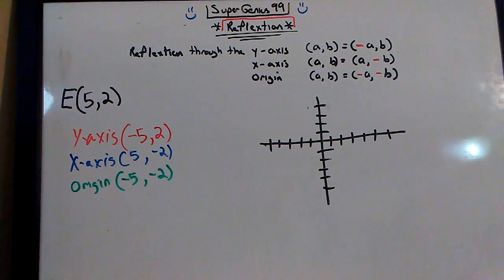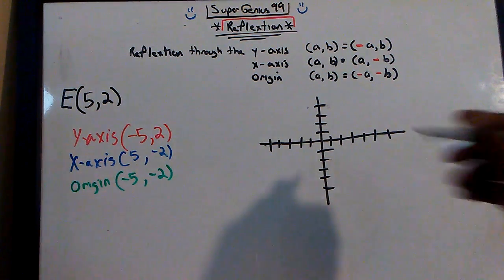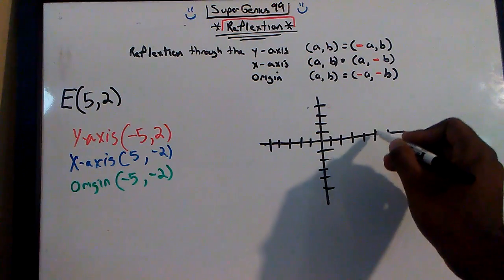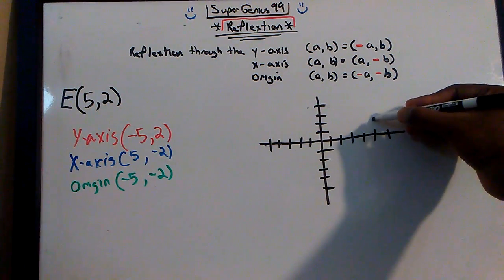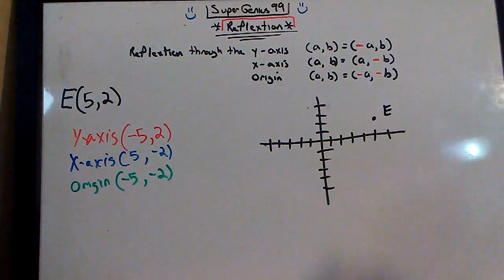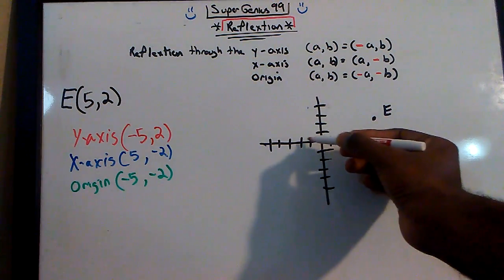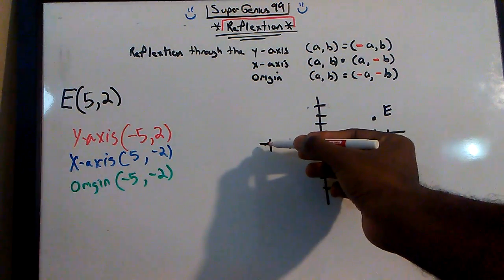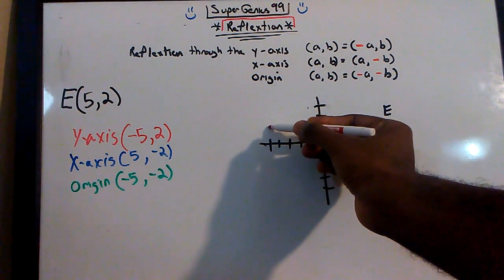And let's go ahead and graph those. So the original point, 5, 2: 1, 2, 3, 4, 5, 2, somewhere in there. Let's label it with an E. The reflection across the y-axis was negative 5, 2: negative 1, 2, 3, 4, 5, then 1, 2, right there.